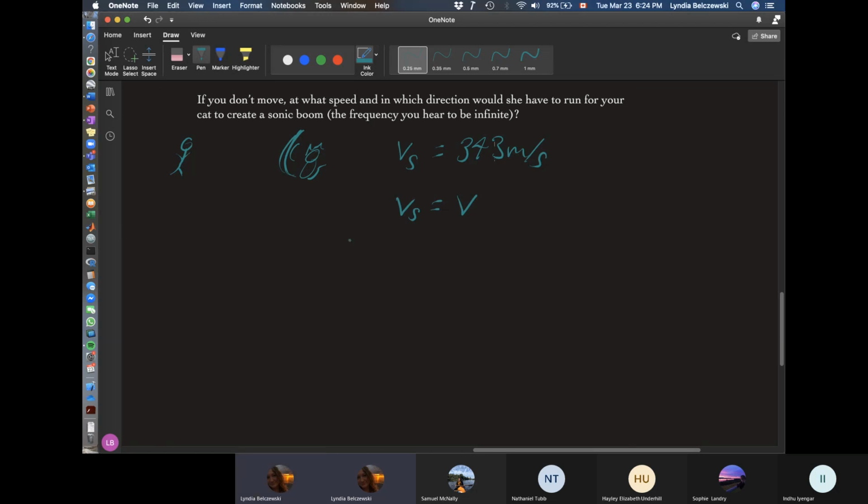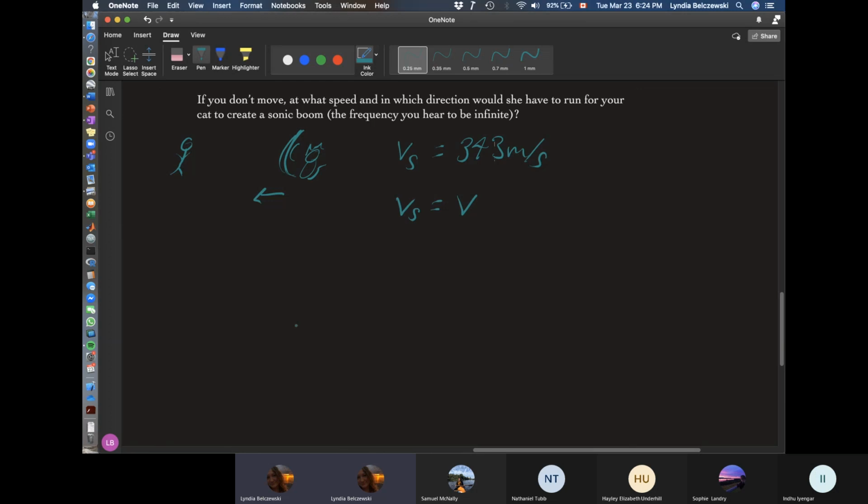Towards you, absolutely. So the cat is running towards you at the same speed as the sound that the cat is making. A way of thinking about it is that the speed of the sound is the same as the speed of the cat. So the sound waves don't have time to go away from the cat.